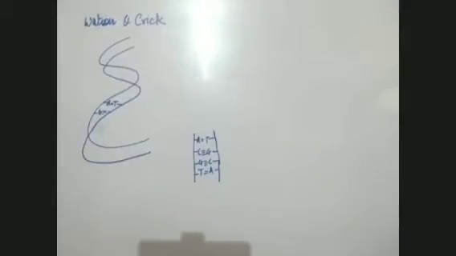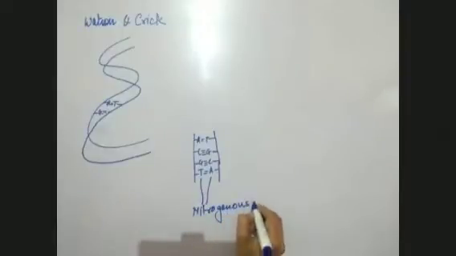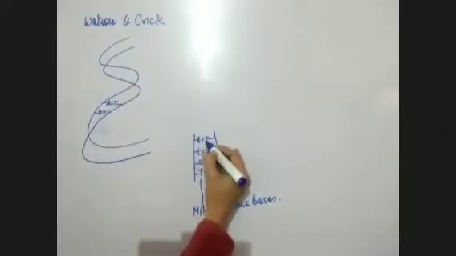So the central core is made up of nitrogenous bases. All these are nitrogenous bases, and they form the central core of the DNA molecule. Now, what are these bonds which connect the nitrogenous bases together? This is a double bond. This is a triple bond.